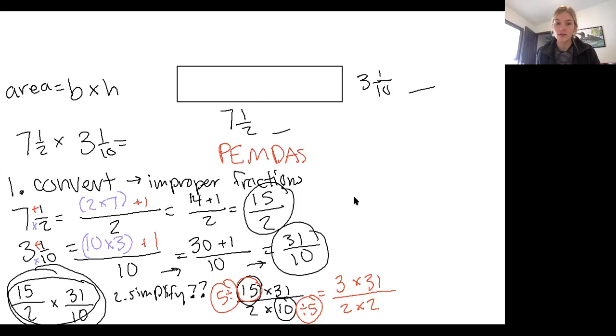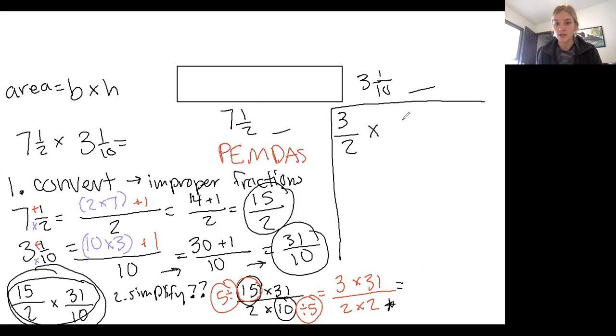Now, we need to solve. We need to multiply. That is our third step. So I'm actually going to rewrite this up here so we don't get so messy. I can keep it in this state. Otherwise, I can rewrite this as 3 over 2 times 31 over 2. Either way.